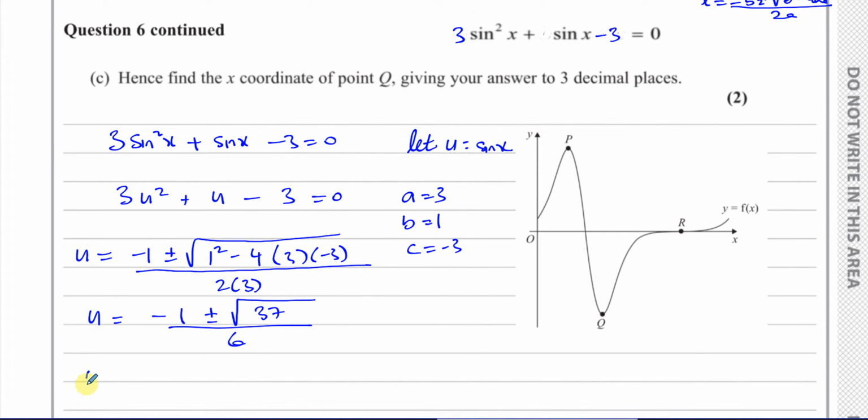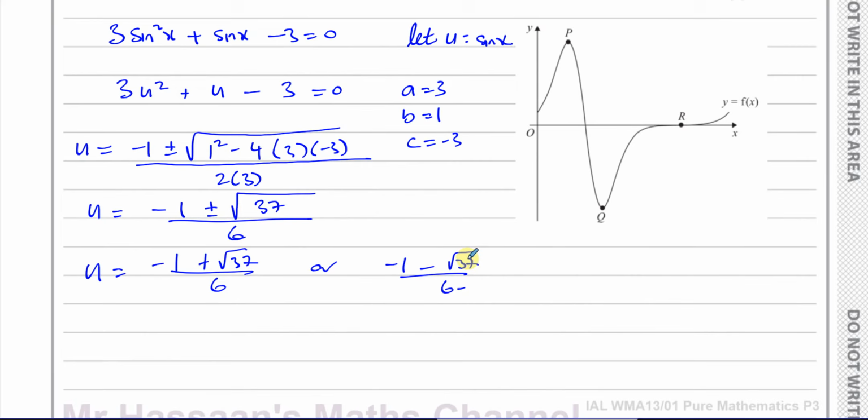So therefore we can say u is equal to either -1 plus root 37 over 6 or -1 minus root 37 over 6. Those are the two possible values for u, which means those are the two possible values for sine x. So sine x equals -1 plus root 37 over 6, or sine x equals -1 minus root 37 over 6.